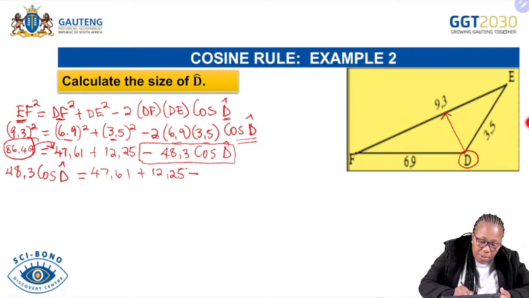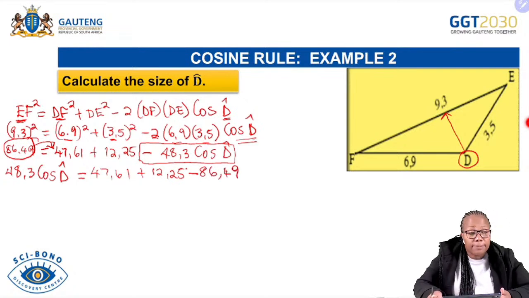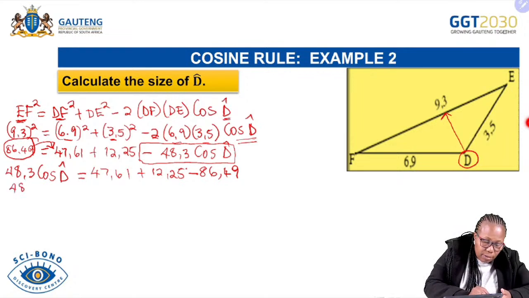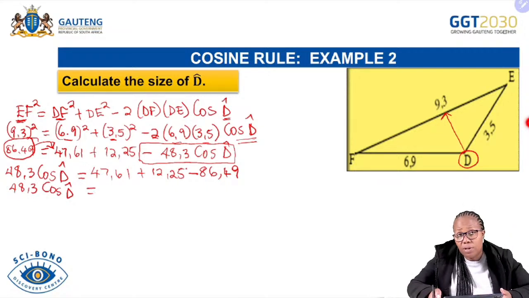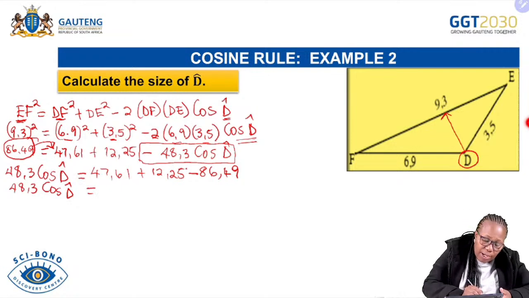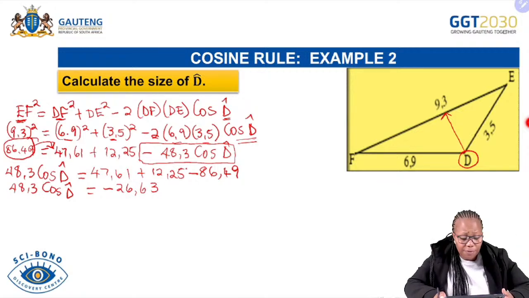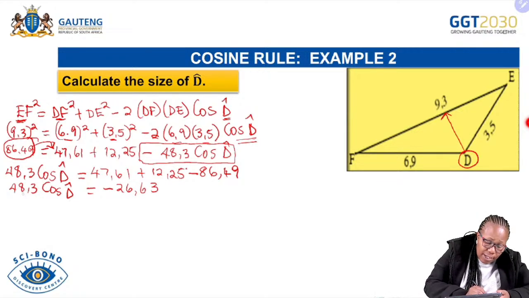Then it will become minus 86,49. Let's continue, grade 12s. And then now we are having a 48,3 cos D. So we are adding everything on the right hand side. So we end up with an answer minus 26,63. And then from here now we divide both sides by 48,3.